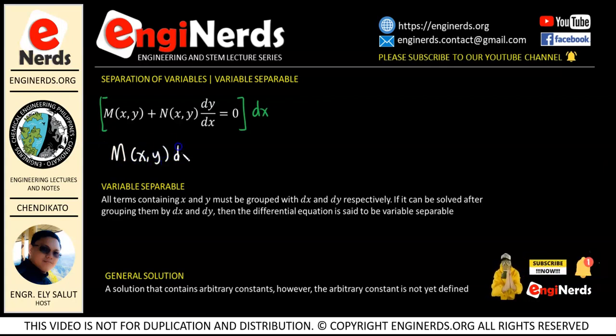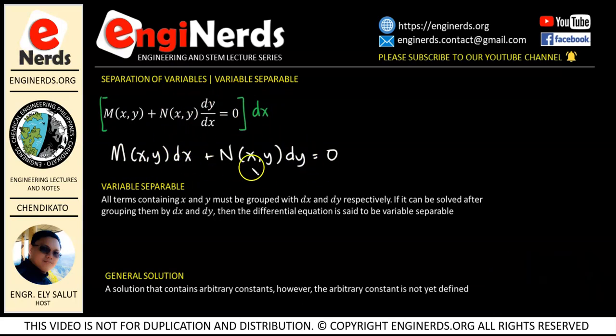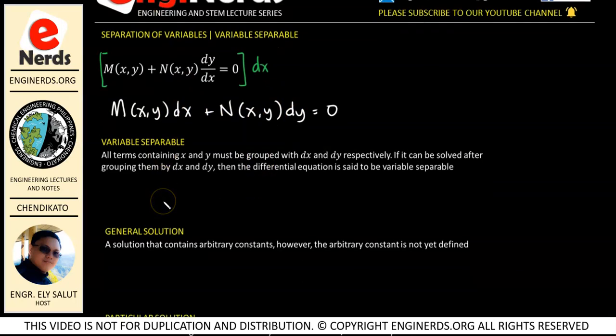Okay, and if you do that, we will have here mxy dx plus nxy dy is equal to 0. Okay, so by multiplying dx sa lahat ng ating terms, ito yung ating makukuha. And as you can see, we separated itong ating dx and dy. Now, how do we define variable separable or yung separation of variables?